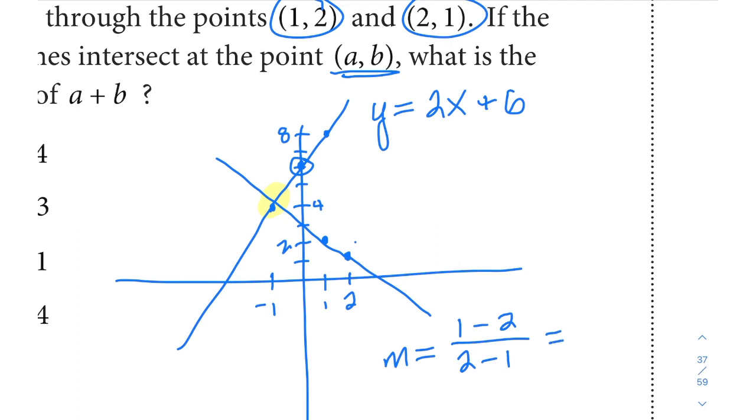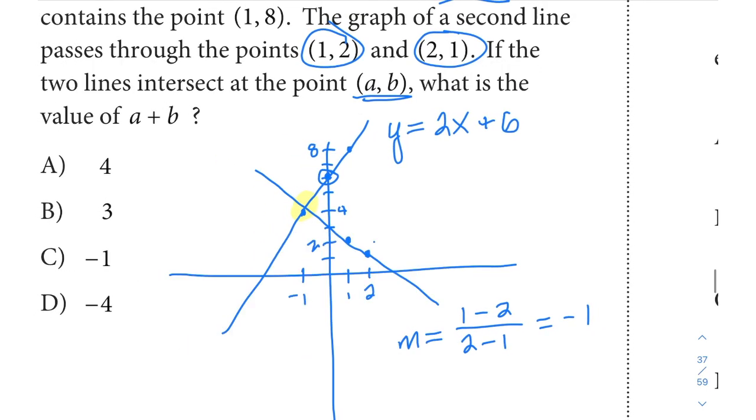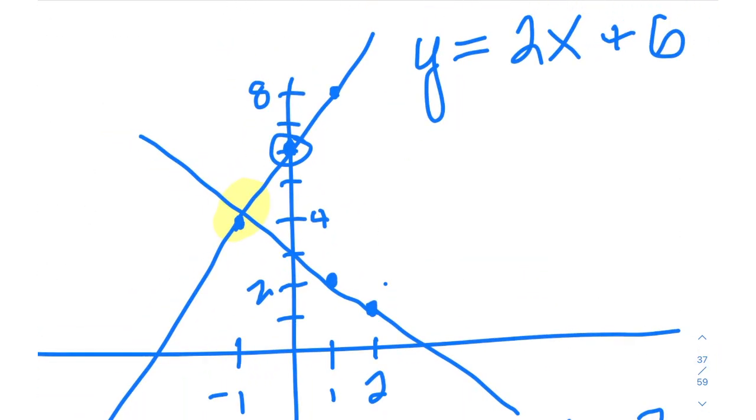That'll be -1 over +1, which is just -1 for our slope. So if we know the slope is -1, now we can count off the exact point where we cross the y-axis. Here, we are going down 1 over 1 in this direction, or the other way, you can go over 1 to the left and up 1. That means we are crossing the y-axis right at 3.